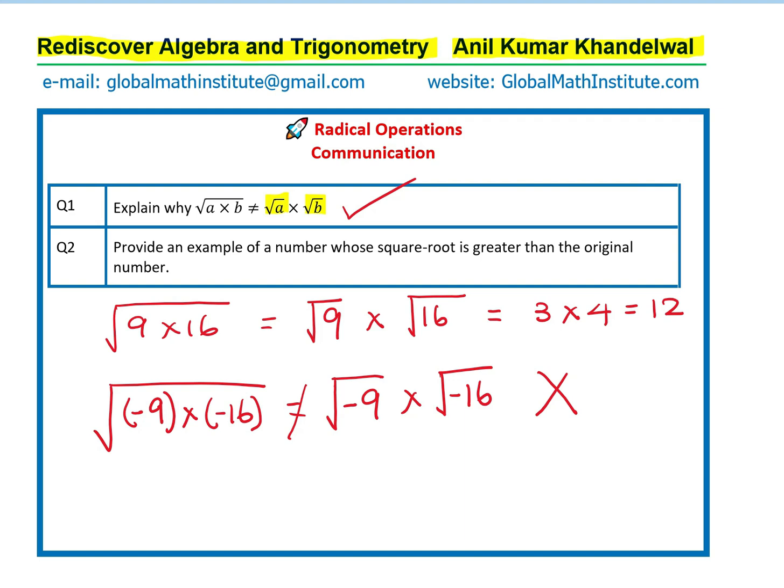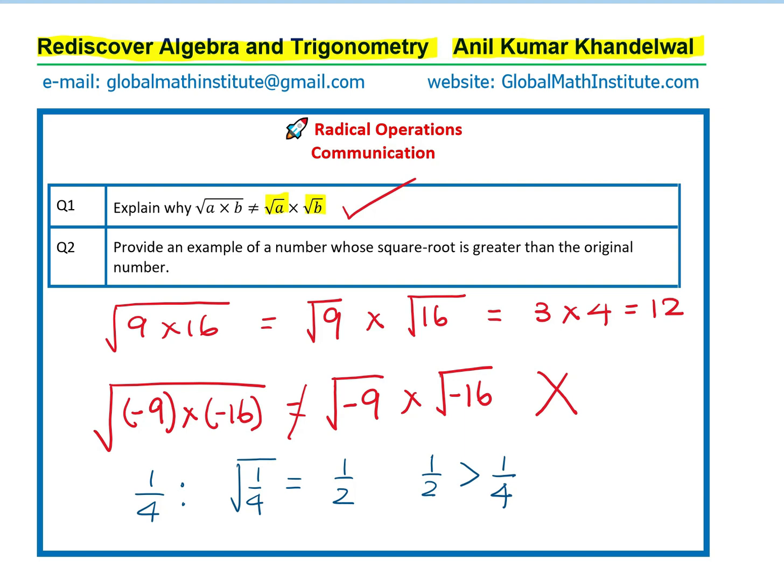How about if I take 1 over 4? The square root of 1 over 4 is equal to half. And clearly, half is greater than 1/4. Half a cup of water, or tea if you want, is more than a quarter of a cup of tea.